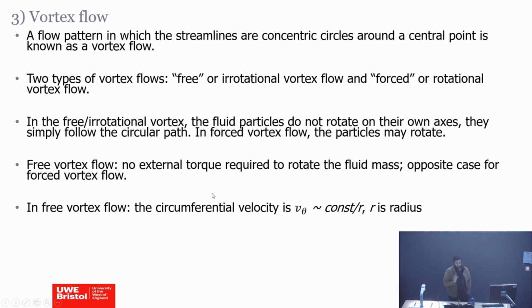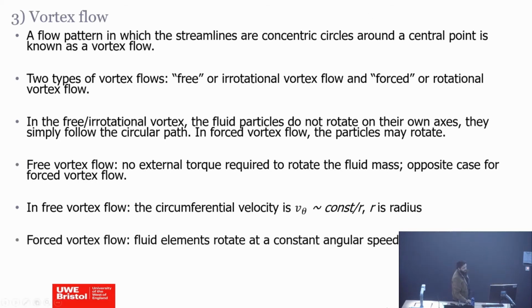If the vortex is a free or irrotational vortex, the tangential velocity v theta equals some constant divided by r. As r becomes huge, v theta reduces toward 0, and if r is very small, v theta grows.